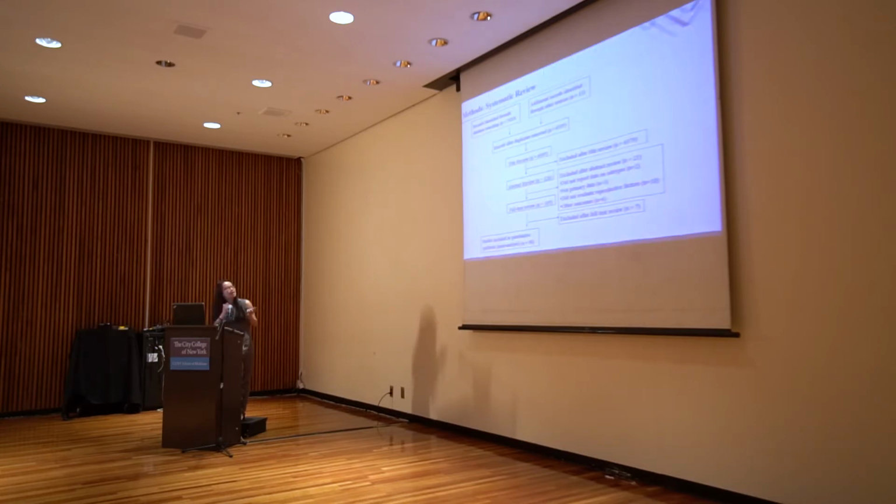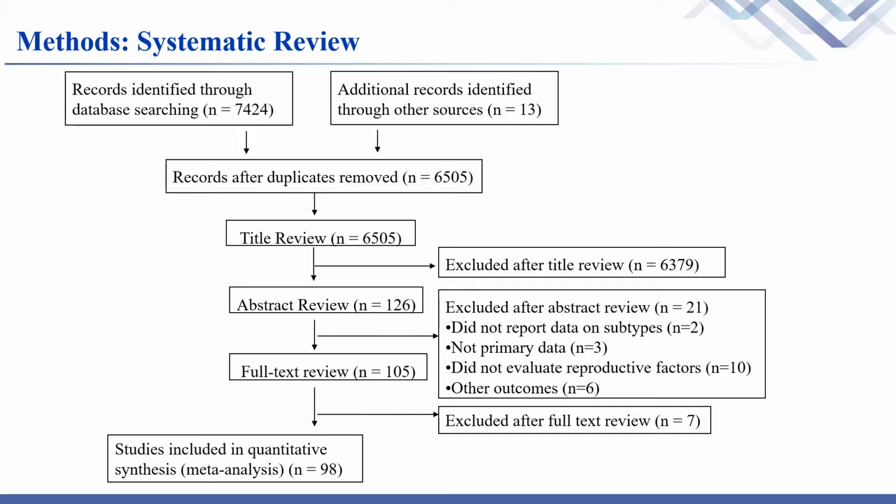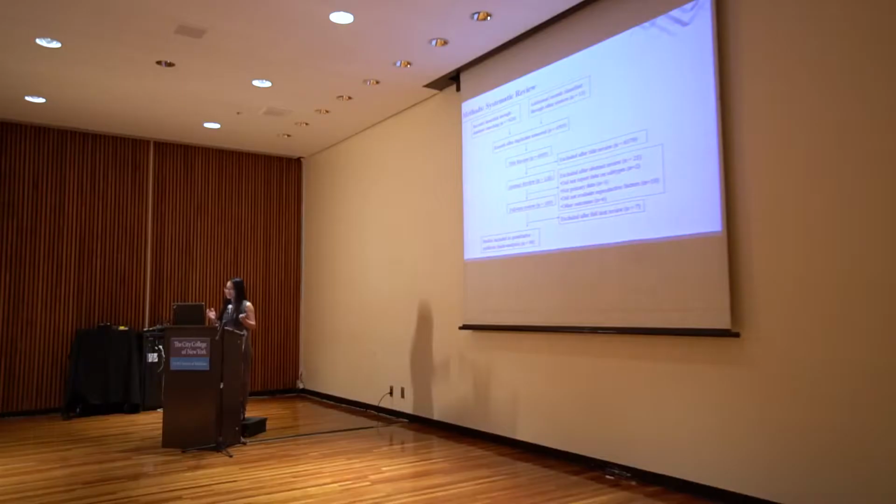The second one is the systematic review regarding the association of breast cancer and reproductive risk factors. Firstly, we got 6,505 papers after removing duplicates. We got those records through different databases, including PubMed and Embase.